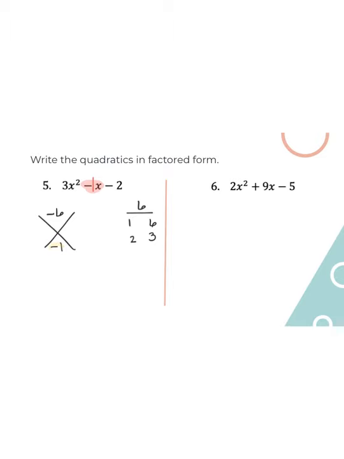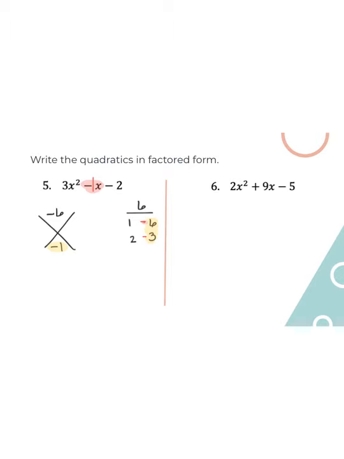So if this one is negative, that means that the bigger number is going to have to be the negative one. Okay, so if the number on the bottom, your B term, is negative, that means your bigger factor has to be the negative. Okay, so this one's going to be negative, or this one is going to be negative.